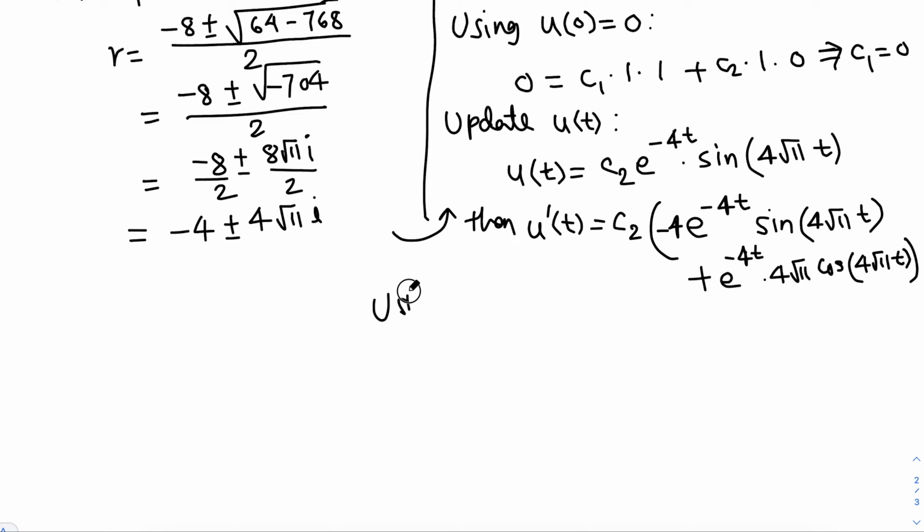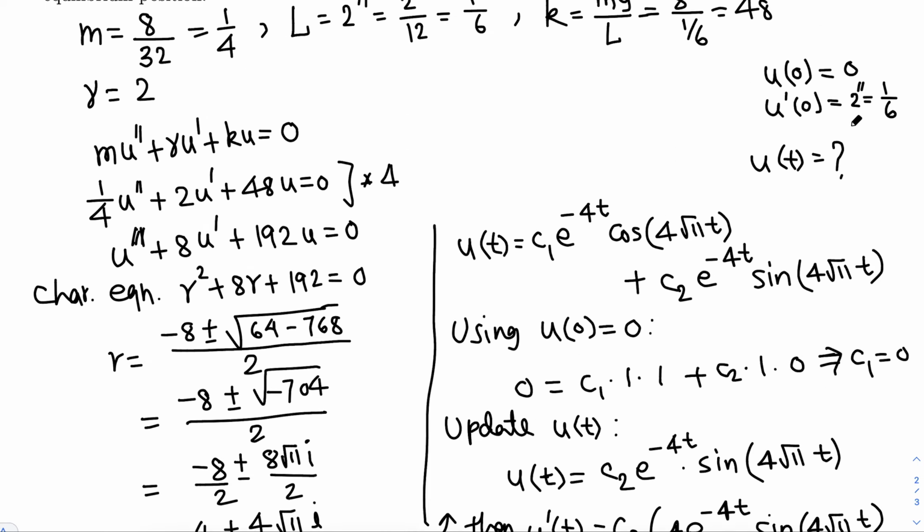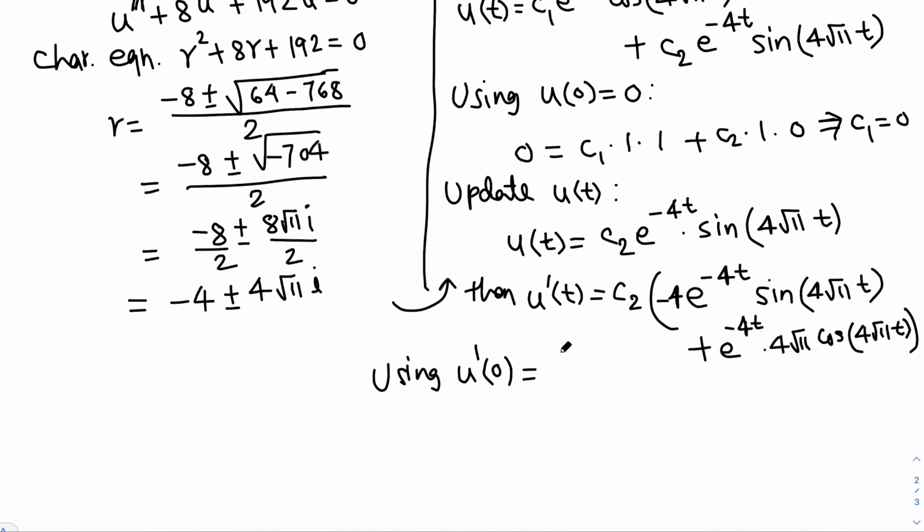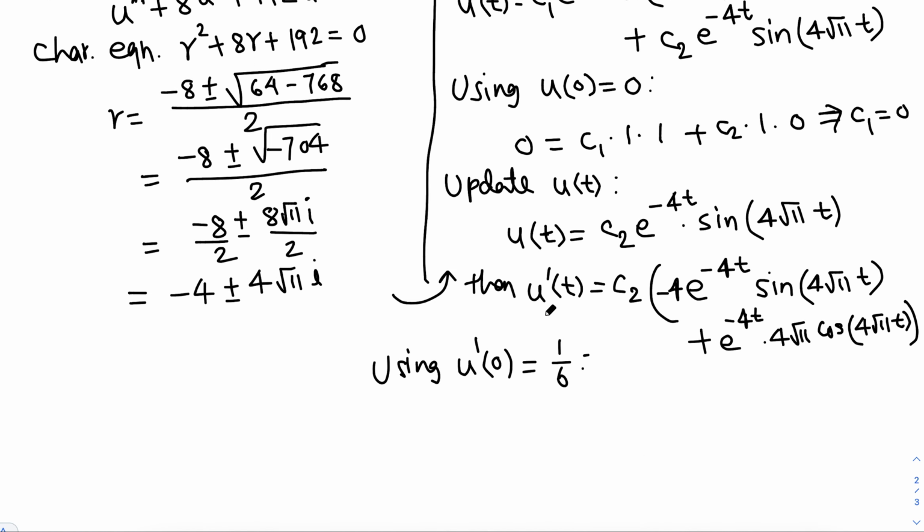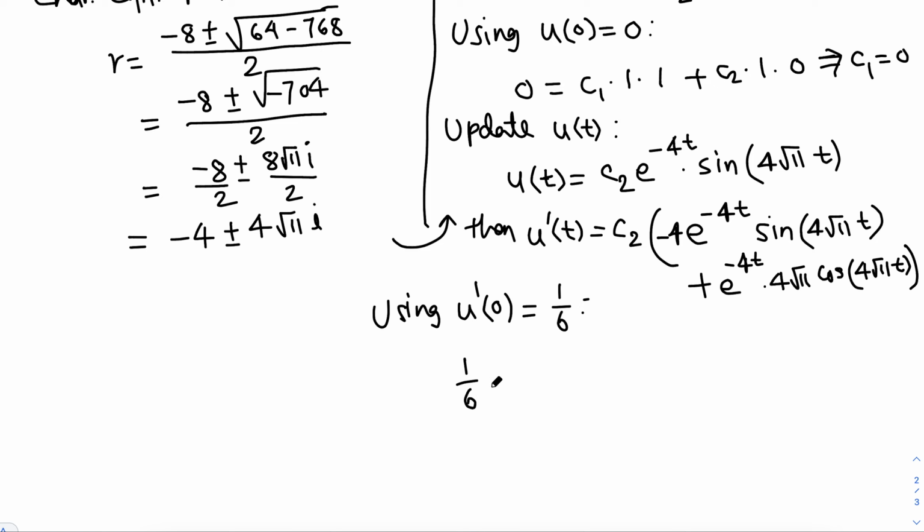Using the second initial condition, u prime 0, the initial velocity, is 1 over 6. So 1 over 6 equals C2 times negative 4, plugging in t equals 0, so e raised to 0 is 1 times sine of 0 is 0.